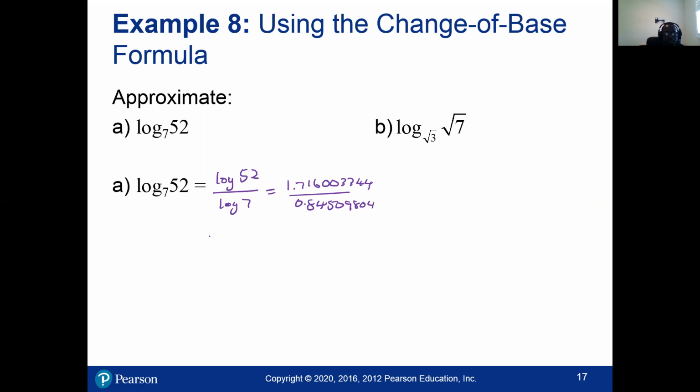Now, if you divide this, it is approximately equal to this value.